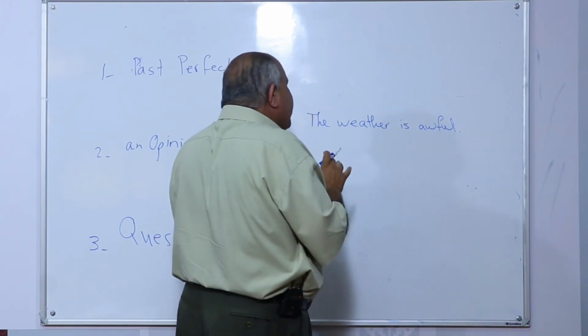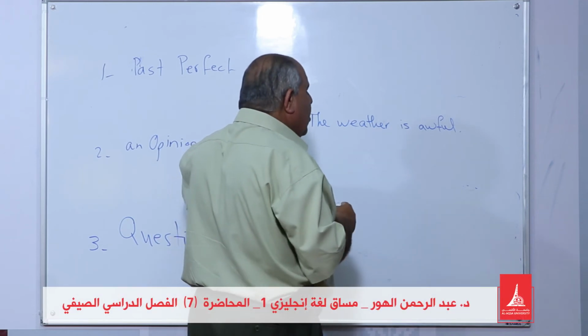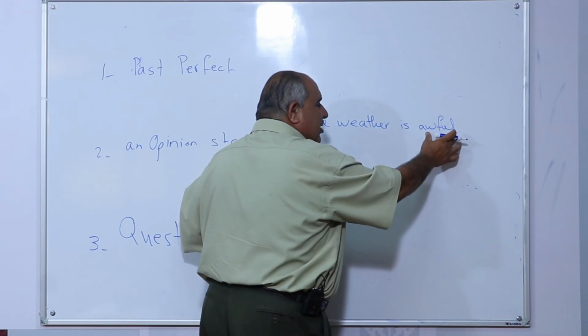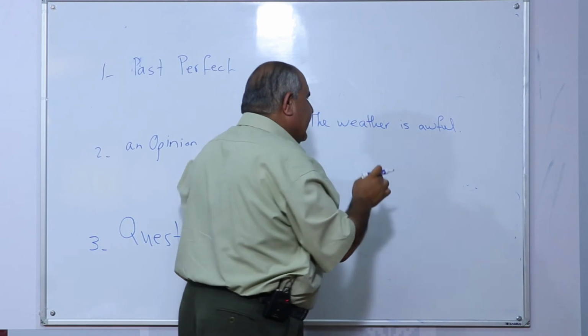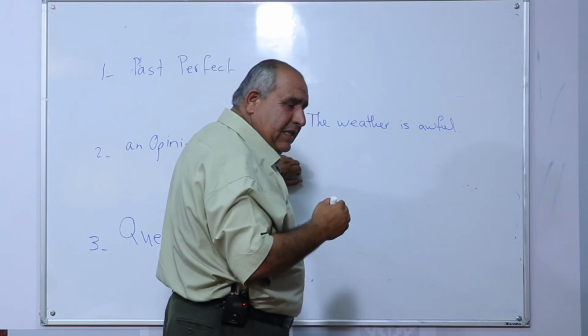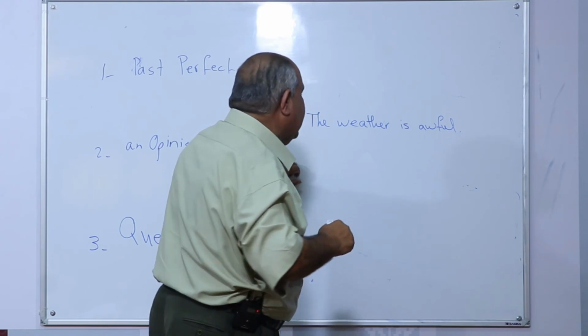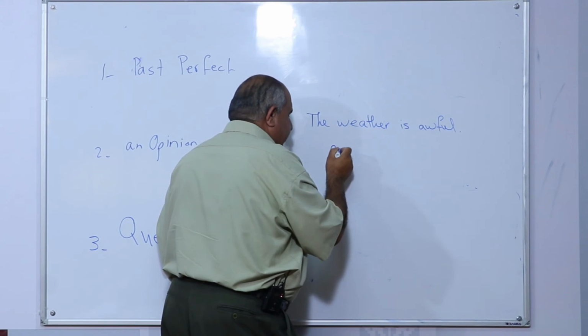Now, "the weather is awful" is an ordinary sentence, where nothing appears except your opinion of the adjective awful. Now, adjectives and also verbs can both be qualified. We can qualify them with adverbs.